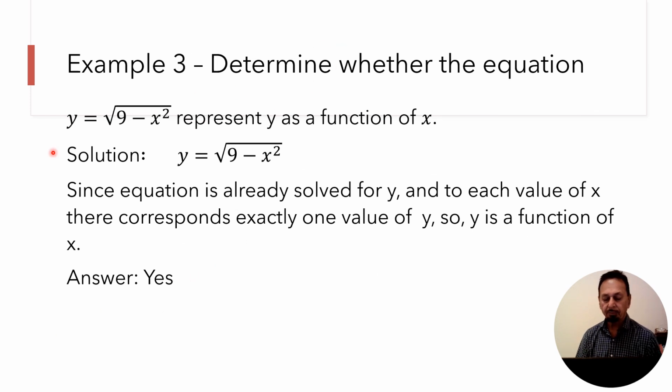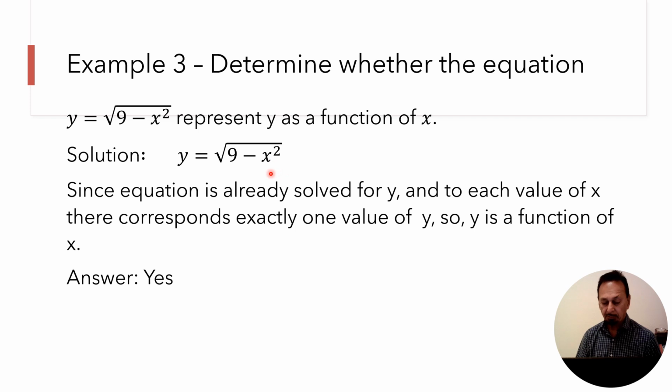Example 3, y equals the square root of 9 minus x squared. We can determine whether this represents y as a function of x. Looking at this equation, it is already solved for y. For every x value I put here, we get one y value.